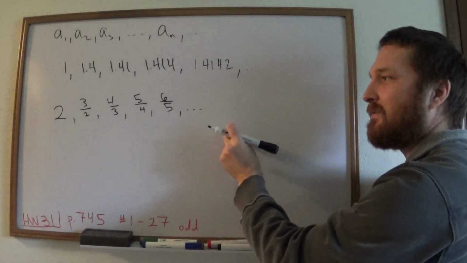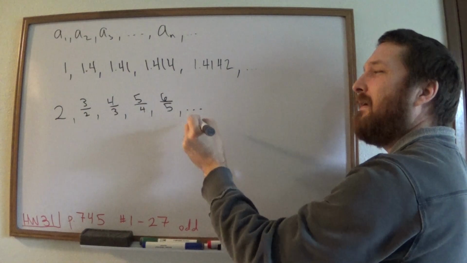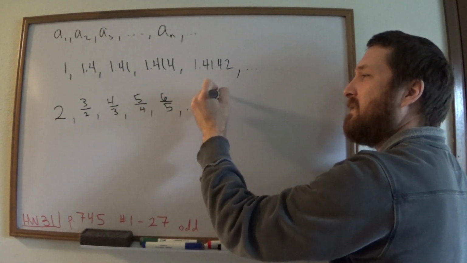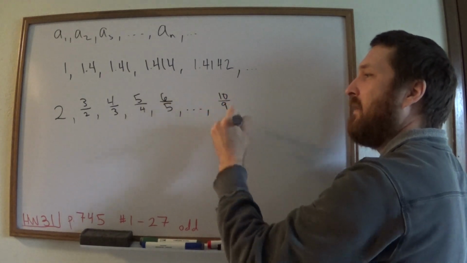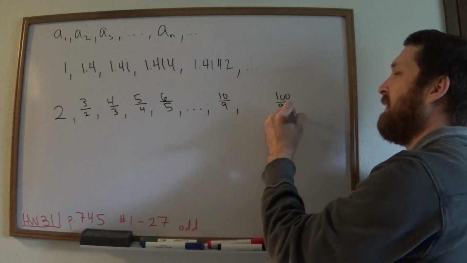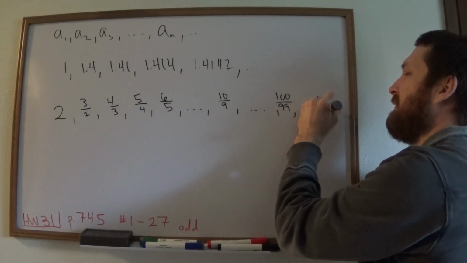It's getting closer and closer to a specific value, if you think about it. Well, let's think about this. This is getting bigger, and so for instance, when this is 10, this would be 9. When this is 100, this would be 99. When this is 1,000, this would be 999.